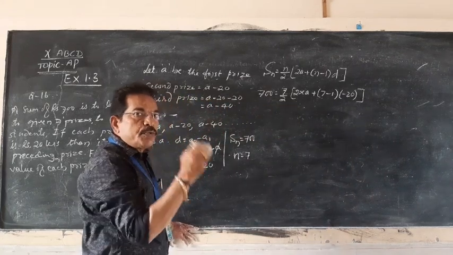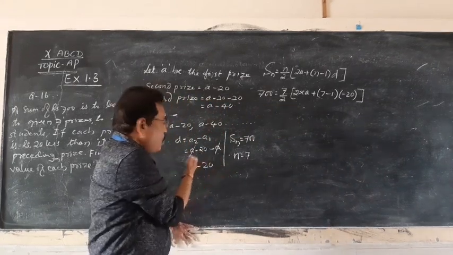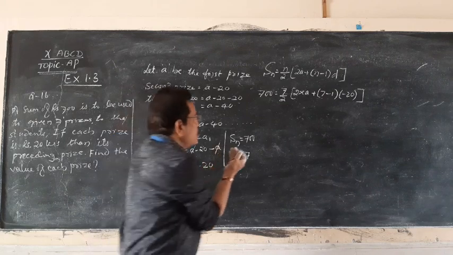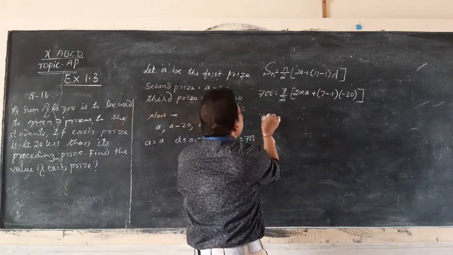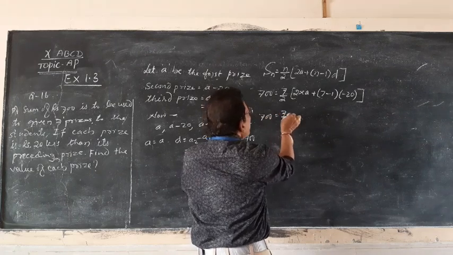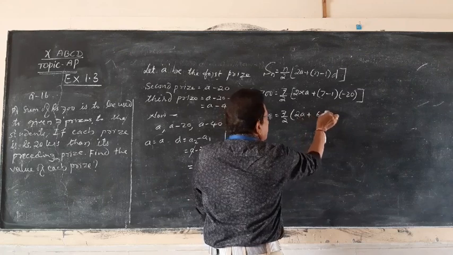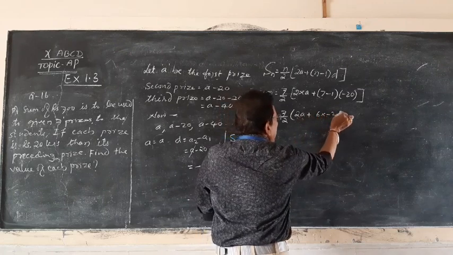See, I have substituted the values we have previously written. So 700 equals 7 by 2, 2A plus 6 into minus 20.